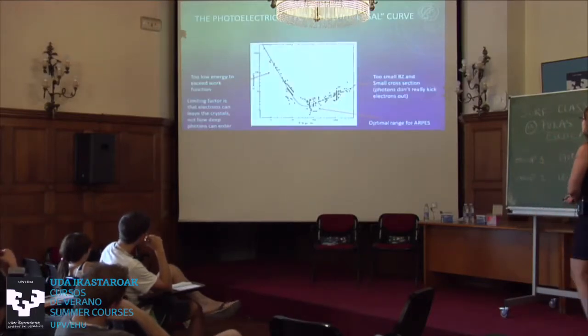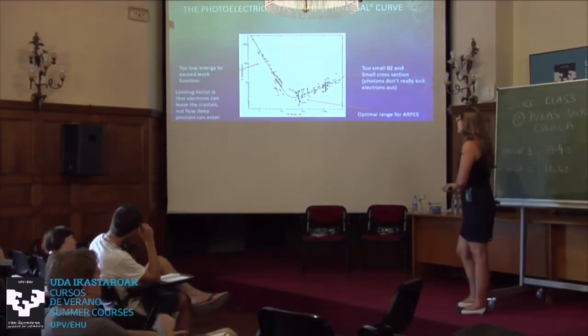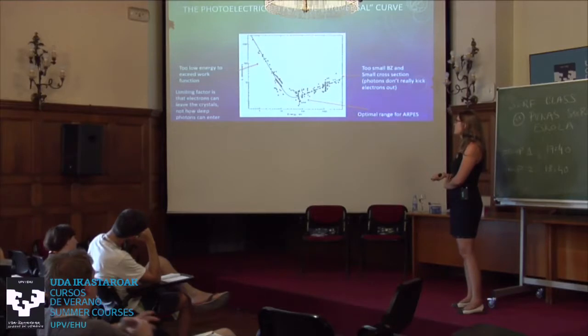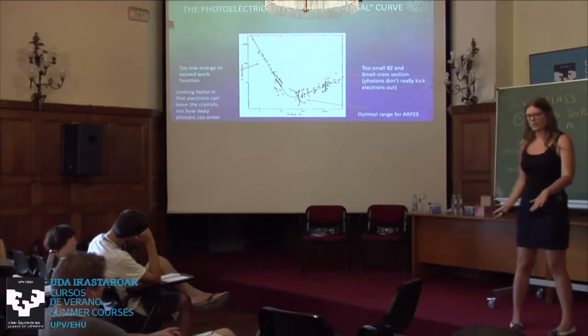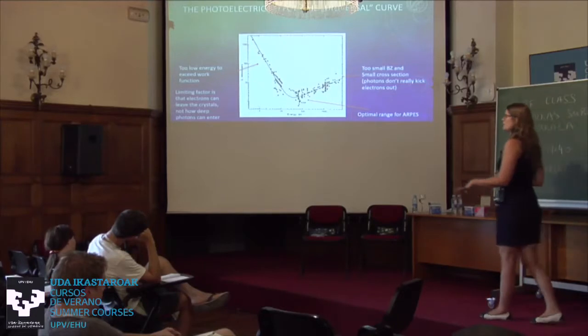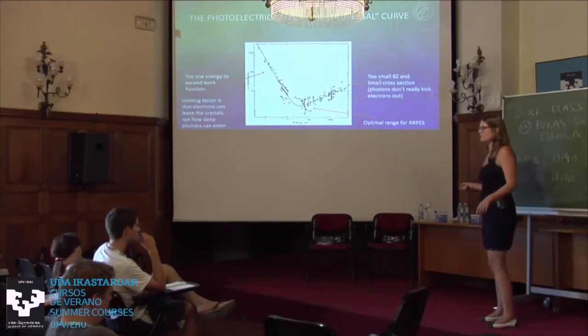And so this is the universal curve of the photoelectric effect, and it tells us about what our possibilities of ARPES are. So this is a plot where here you have plotted how deep your photons penetrate into the material, so how deep the electrons are you can eject from it. And then on this axis is the photon energy you use.